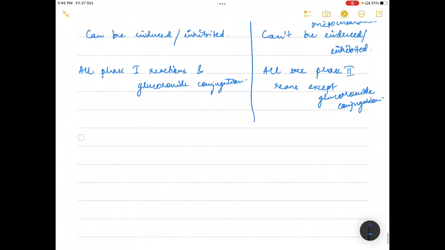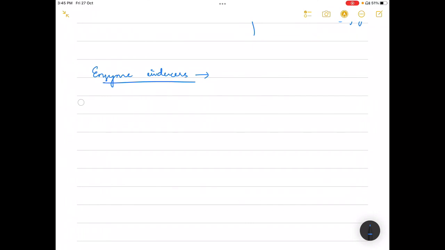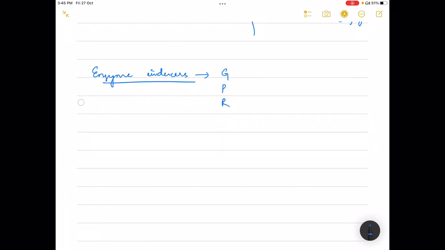So next, coming to the various enzyme inducers and inhibitors. Certain drugs increase the activity of certain enzymes and they are known as enzyme inducers. So what are these drugs? We can remember them by means of the mnemonic GPRS cell phone.